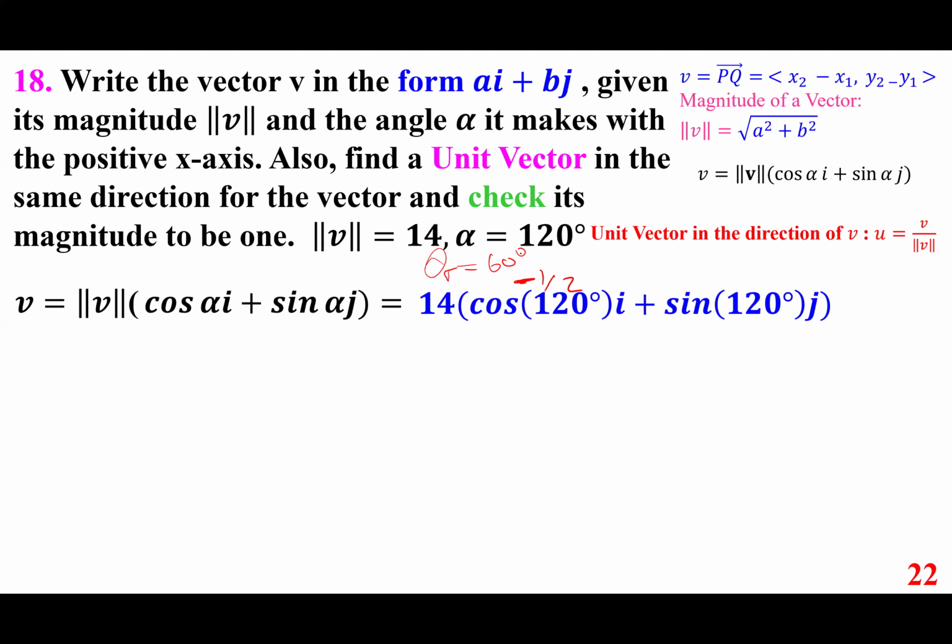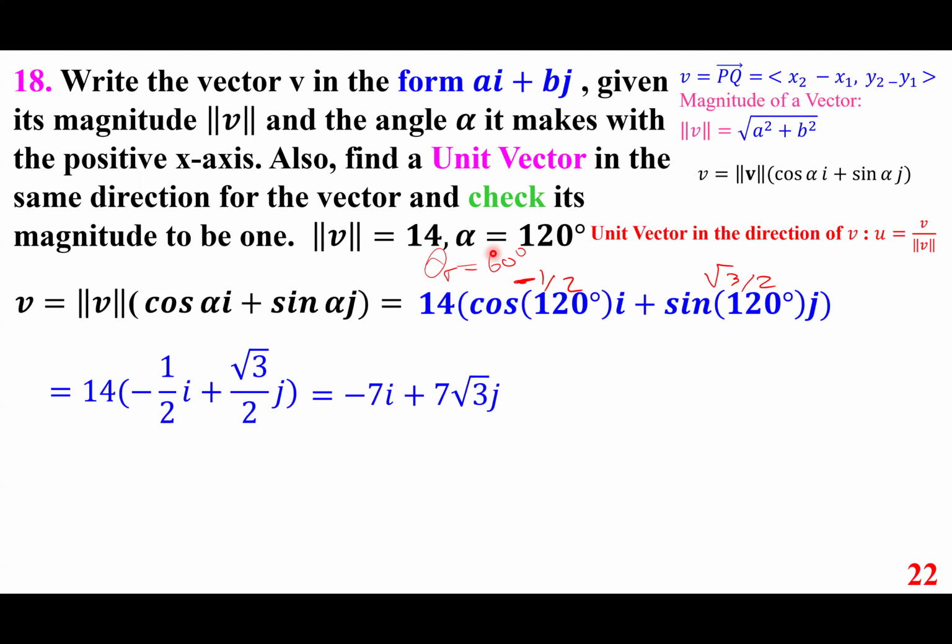Sine of 60 is square root of 3 over 2. Second quadrant sine is positive. 14 cancels out the 2, becomes 7. So we get minus 7i plus 7 square root of 3 j. So that's the vector.